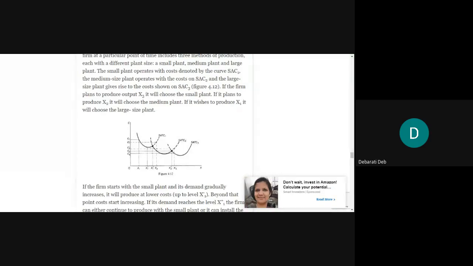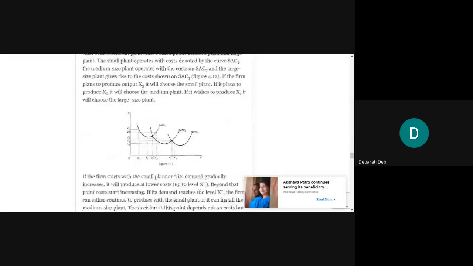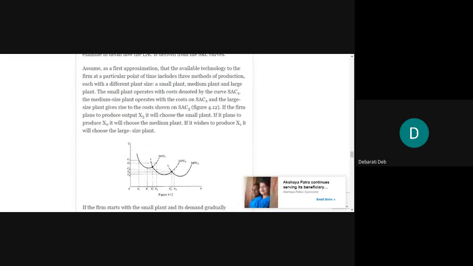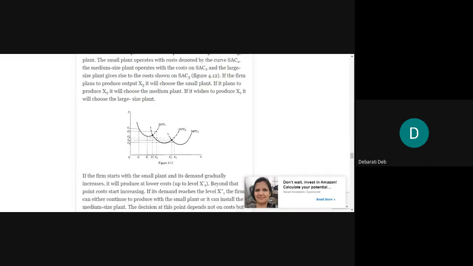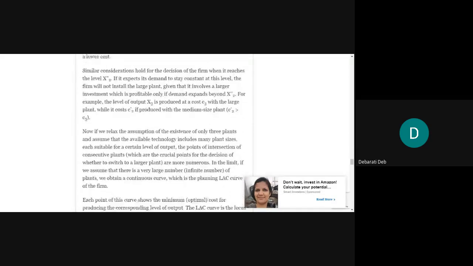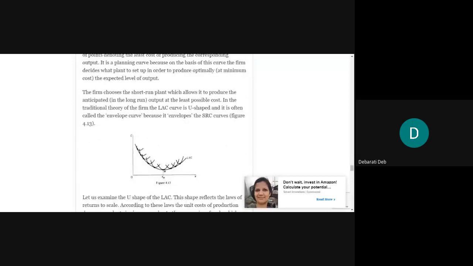Wait, if the firm plans to produce output X3, if it wants to produce X2, it will choose the medium plant. I think the diagram is not correct. Wait, another diagram has to be there, which is the figure 4.12. This is the one, but this diagram is not matching with the description.